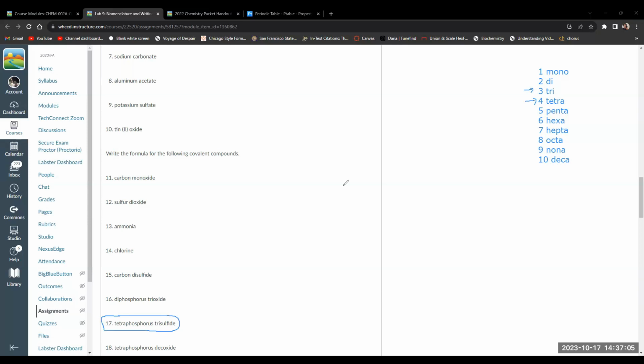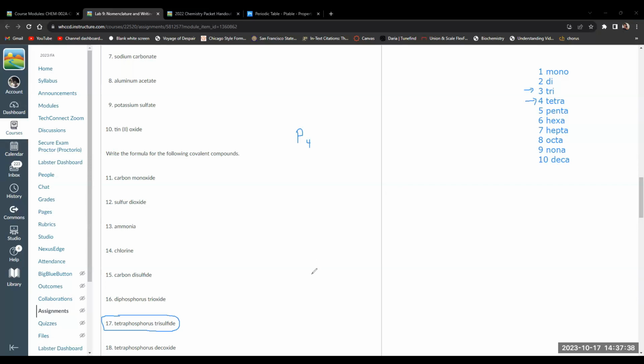It's in the periodic table. P. Phosphorus is the letter P, or the element symbol P. And since it has a prefix of tetra attached to it, P4.